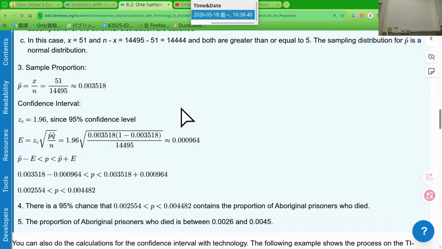The first three with the correct answer, I will give a bonus mark, 1 mark in the final grade. Is that okay? Let me say the question again. The critical value 1.96, where does it come from? What's the relationship between this and 95%?